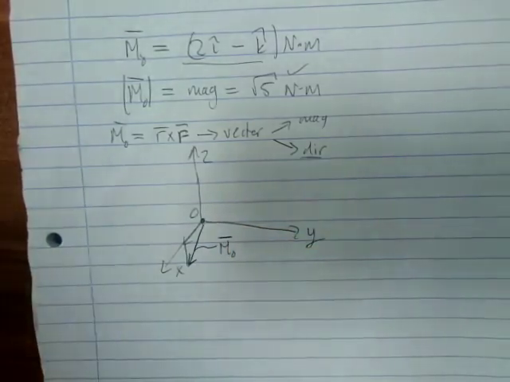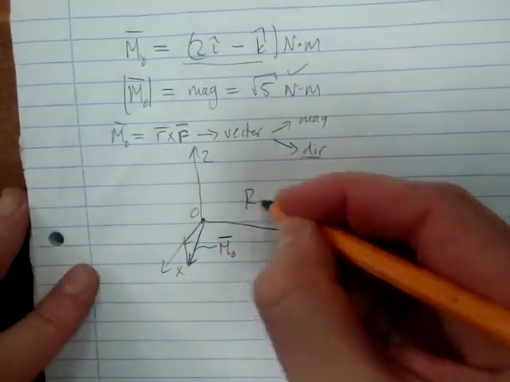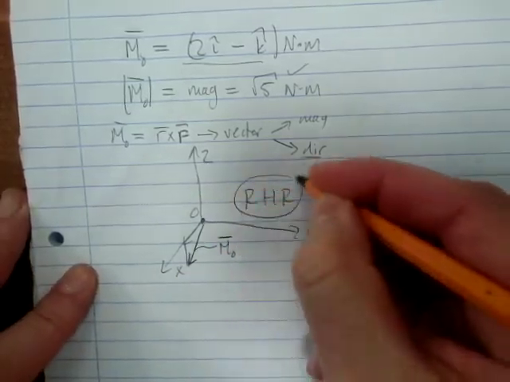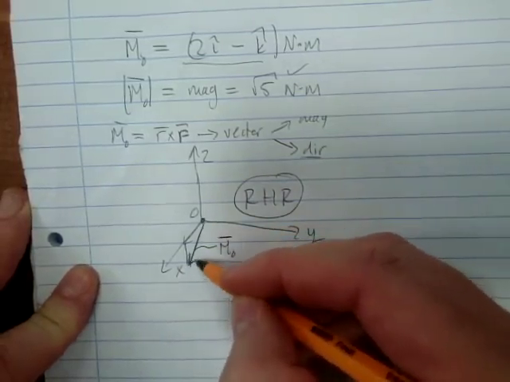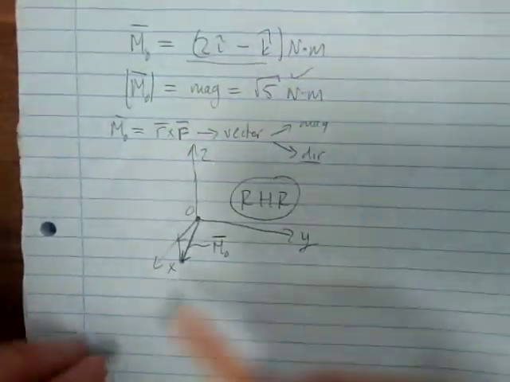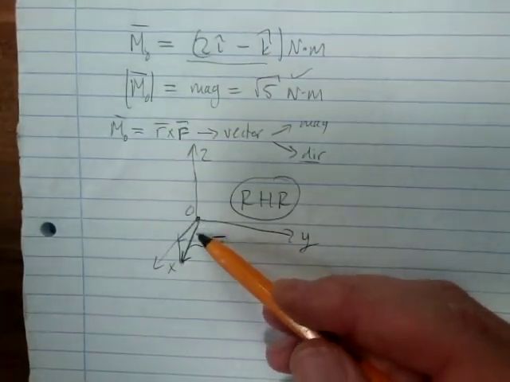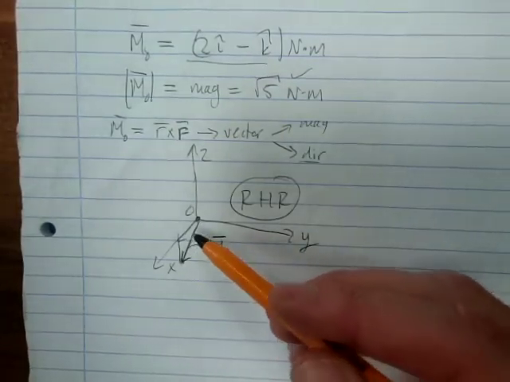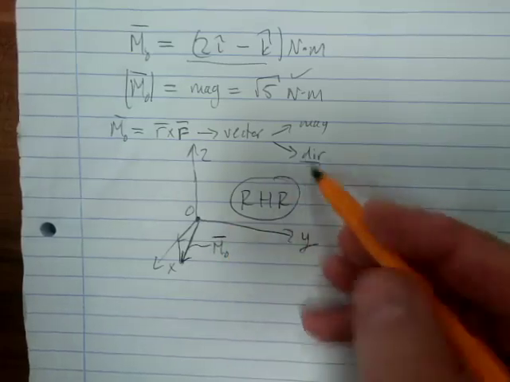What does it mean? It means I put my thumb, remember, right hand rule. I put my thumb in the direction of this moment and my fingers curl around this axis. Okay? And so the direction that my fingers are curling gives me the sense of direction of this moment.